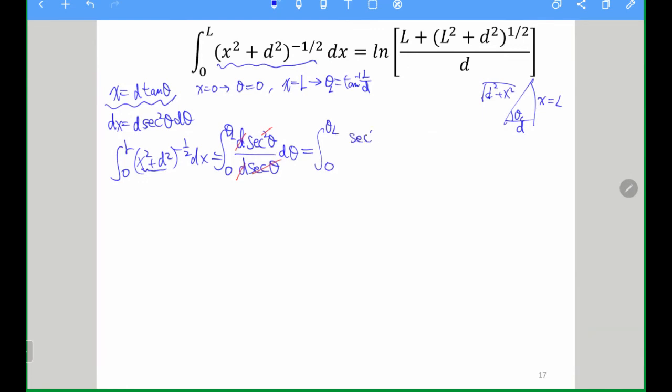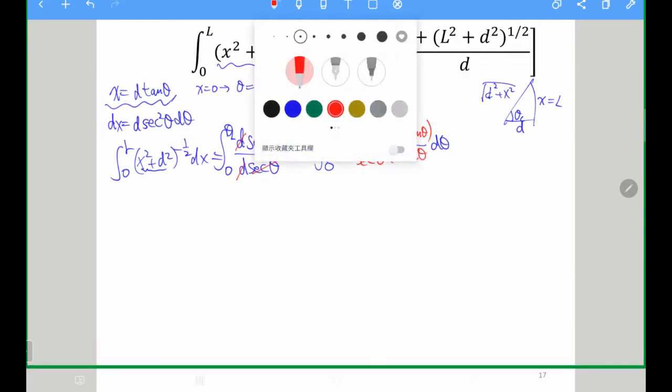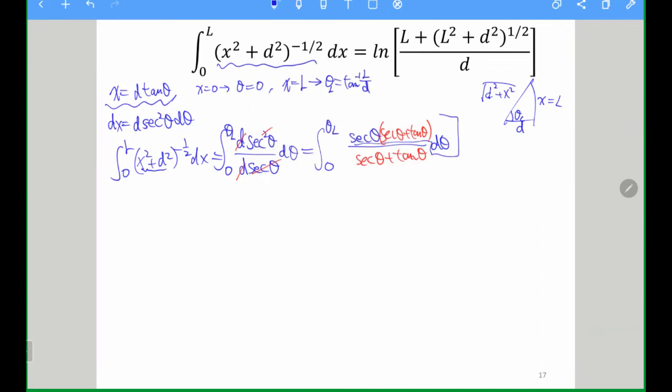For secant theta d theta, we can multiply by secant theta plus tangent theta and then divide by secant theta plus tangent theta, so it changes nothing. The numerator becomes secant theta plus tangent theta times secant theta, and the derivative of tangent theta is secant squared, and the derivative of secant theta is secant tangent.